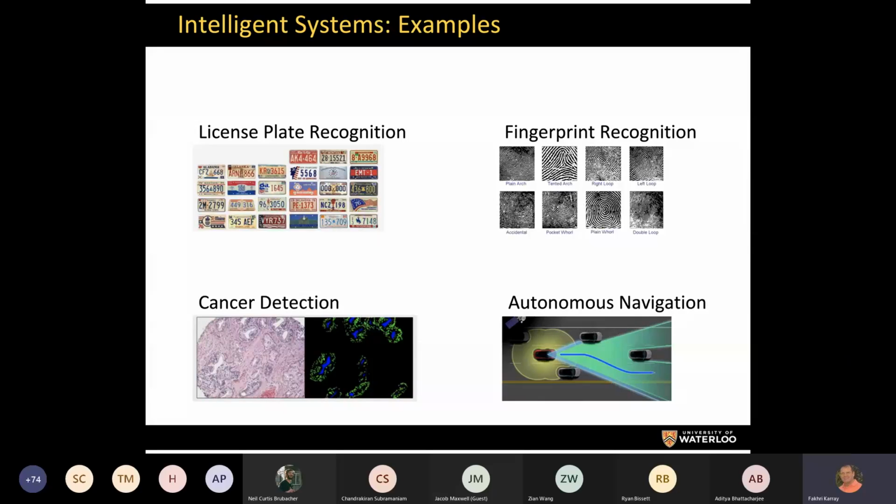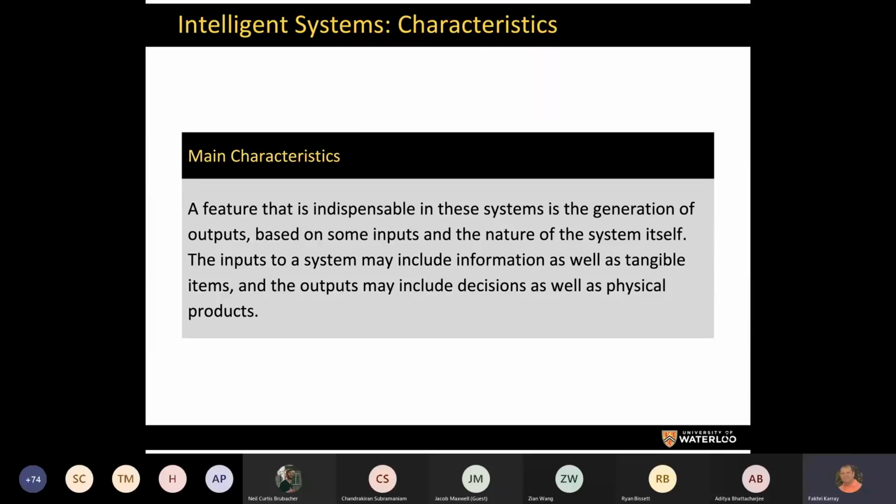or for clustering capabilities. The main characteristic of an intelligent system is basically a feature that is going to generate an output for you based on certain inputs.